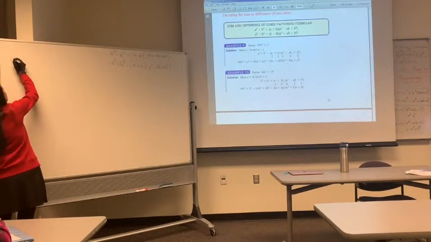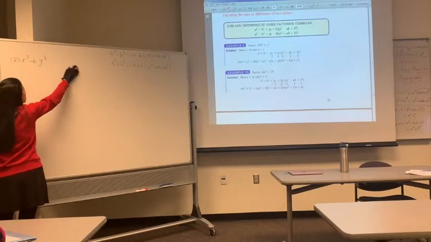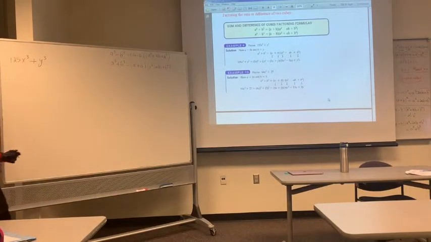We have 125x power 3 plus y power 3. There was a number, power 3, that gave us 125x cubed, correct?